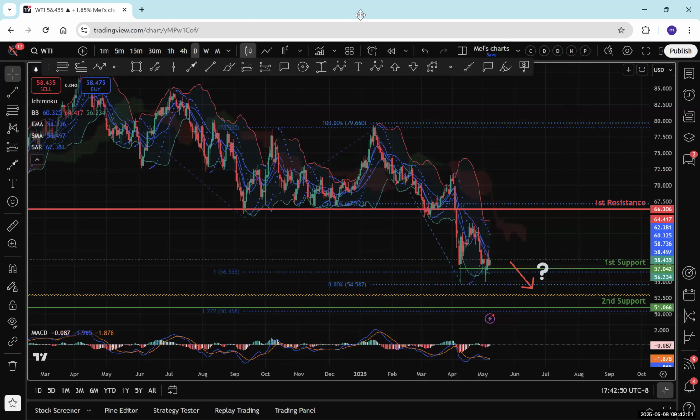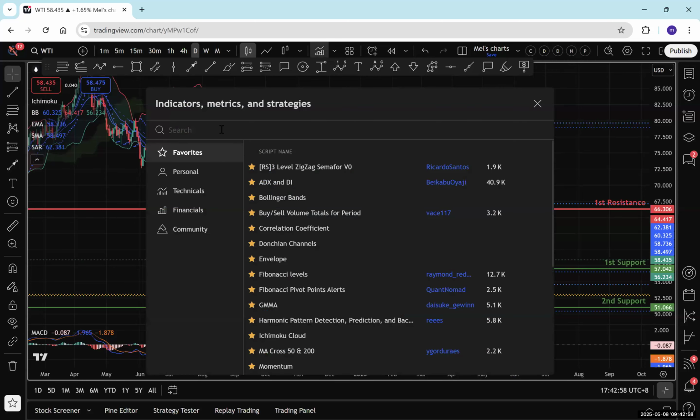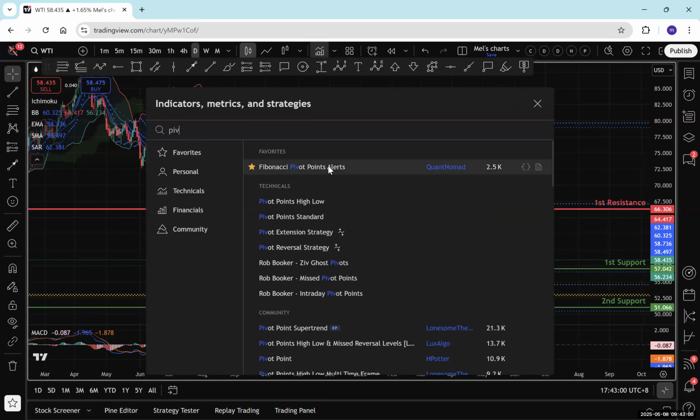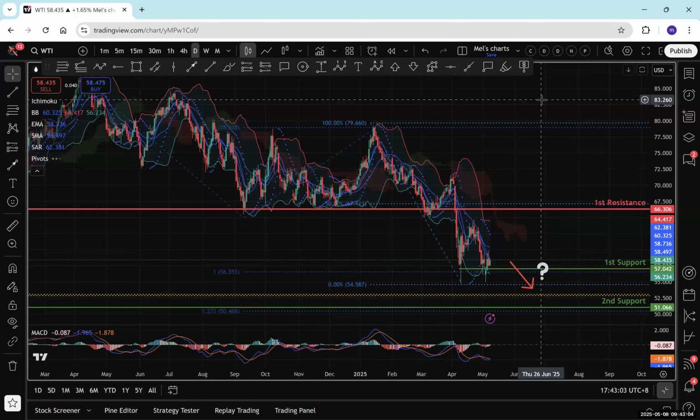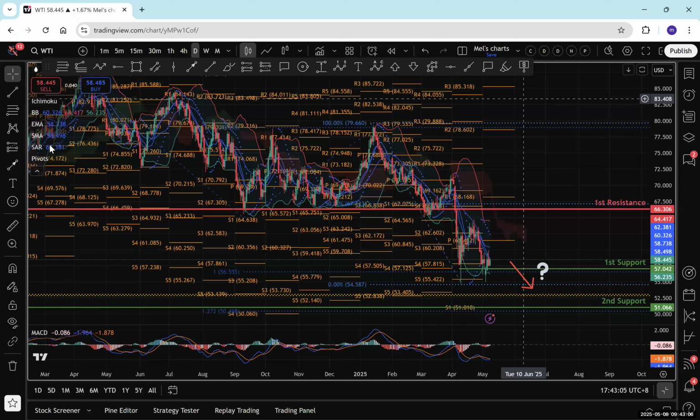Okay, so since somebody asked about pivot points, I typically don't calculate pivot points. I just use the indicator here.